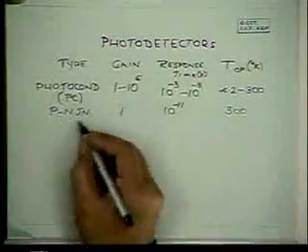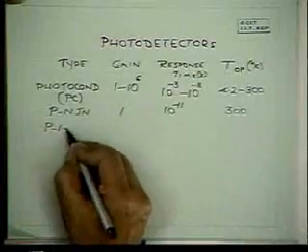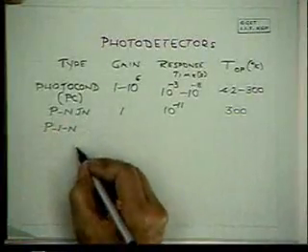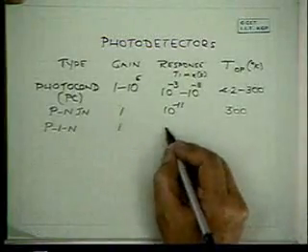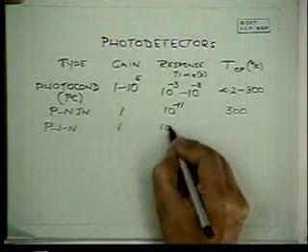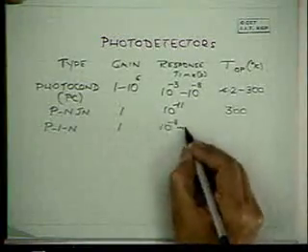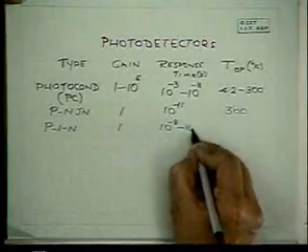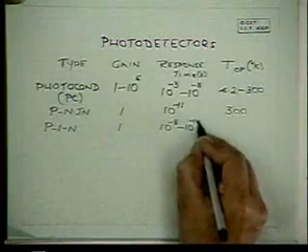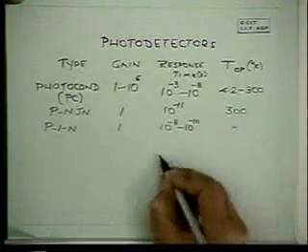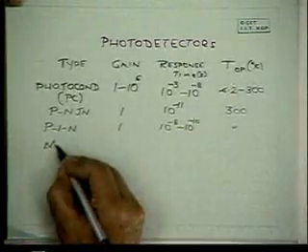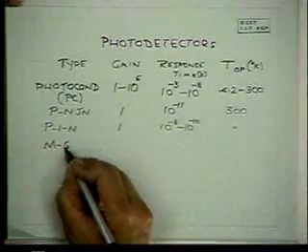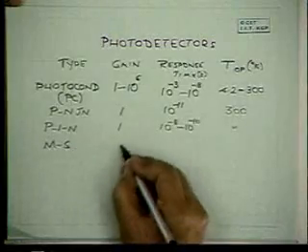A special type of PN junctions are PIN, which I'll discuss in somewhat greater detail later. PIN diodes have no gain, only unity, and are slightly slower than PN junctions because of the I region, 10 to the power minus 8 to minus 10, and they also operate at 300 K. Then we have metal semiconductor detectors, or metal Schottky barrier type of detectors.